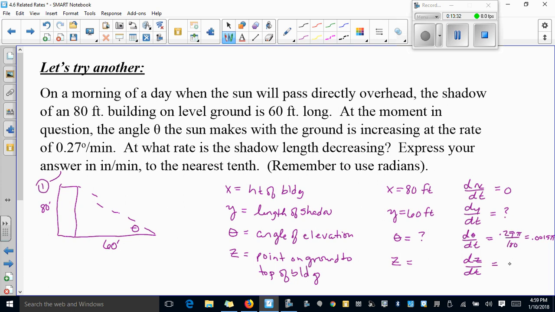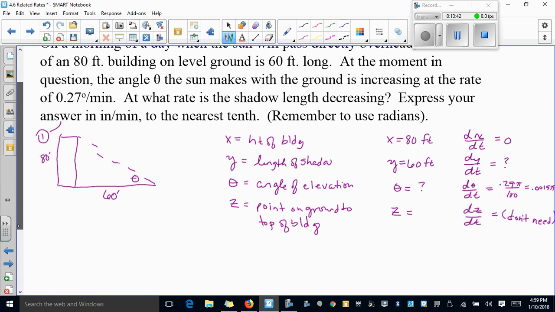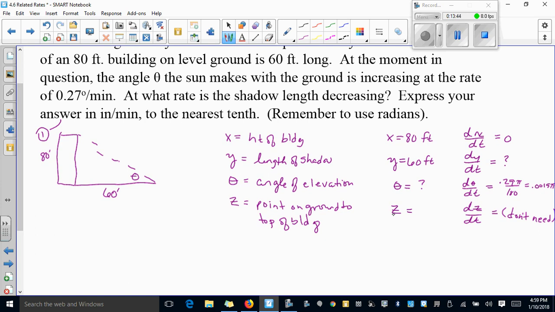X squared plus y squared equals z squared. So 80 squared plus 60 squared equals z squared. 6,400 plus 3,600 is going to give you 10,000 equals z squared.